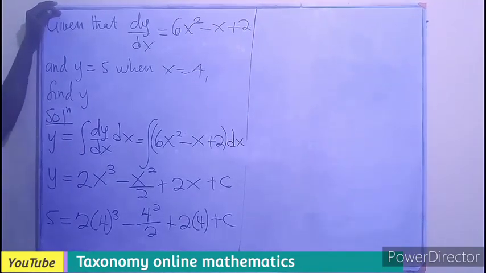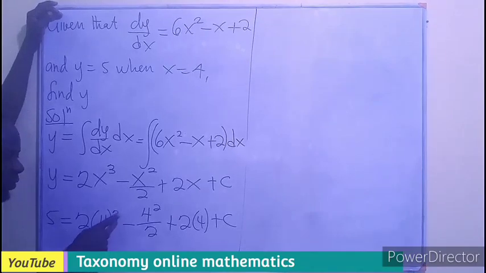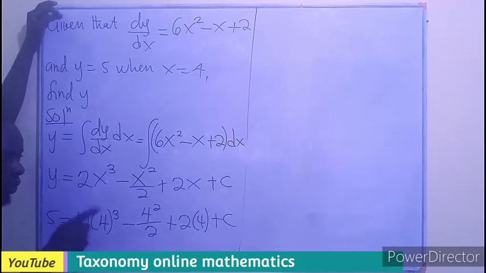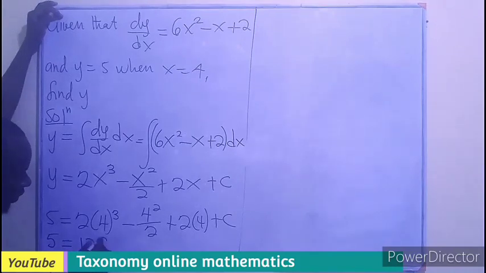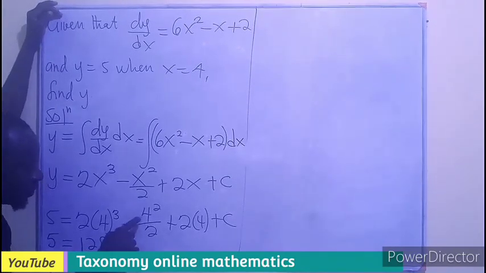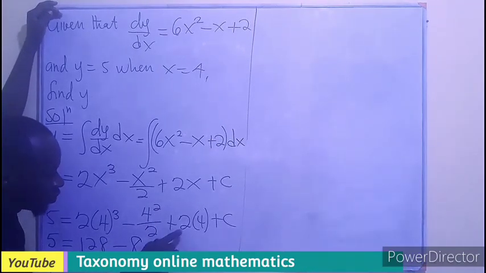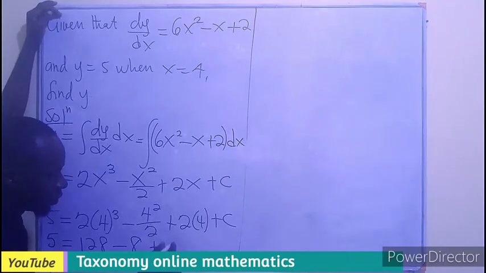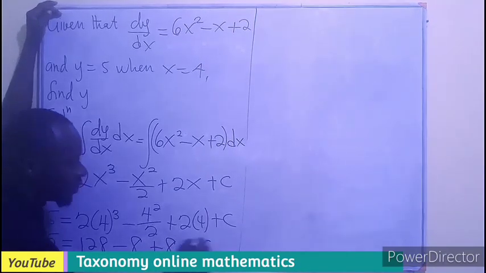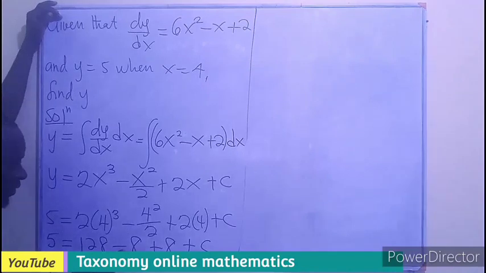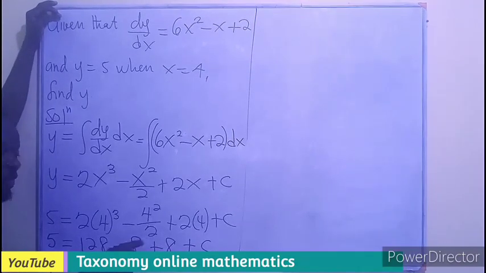So we know that 4 to the power 3 will be 64. 64 times 2 will give us 128. So 5 is equal to 128 minus 4 squared, 16. 16 divided by 2, we get 8, plus 2 times 4, that will also be 8, plus C. We know that minus 8 plus 8 will give us 0.